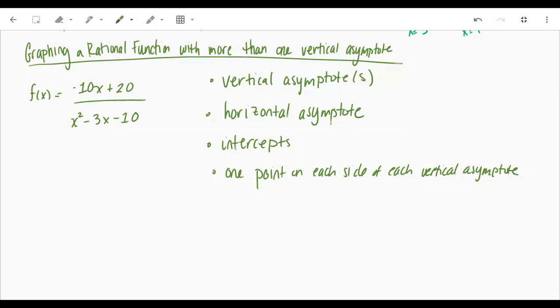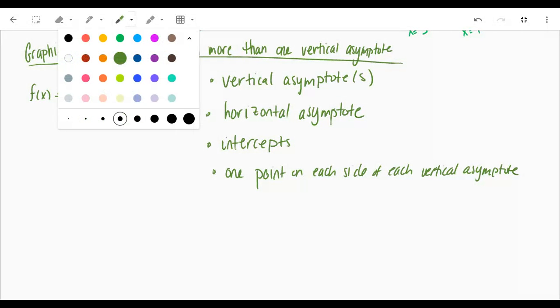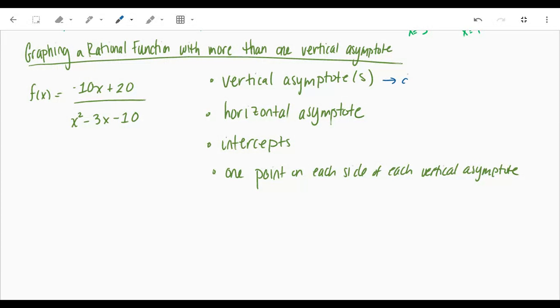Okay. So again, to find your vertical asymptotes, that's going to be what makes the denominator 0. Your horizontal asymptote, again, we did that in module 15, so it depends on the degrees. So if you remember, if the degree of the numerator is bigger than the denominator, you would divide to find a slant asymptote.